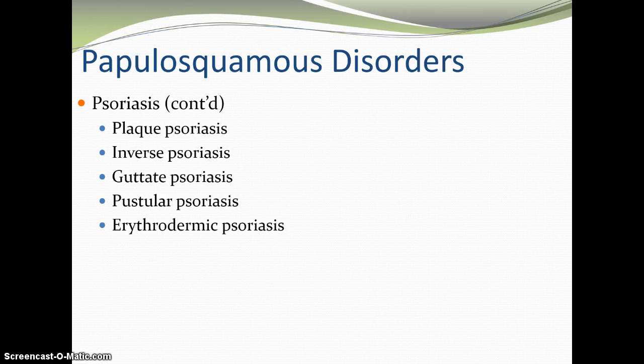Now, erythrodermic psoriasis is a particularly inflammatory form of psoriasis that often affects most of the body surface. It may occur in association with another type of pustular psoriasis. It is the least common type of psoriasis and may occur once or more during a lifetime.